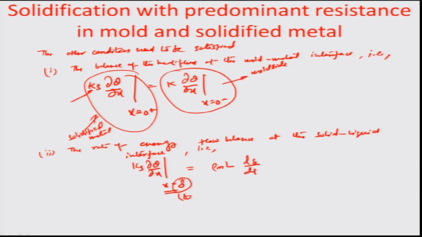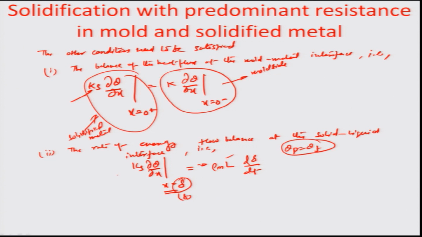the solidification process, and I do not need to illustrate how we obtained this earlier, because many times earlier in other cases we have done it in a similar manner. So, it is rho m times L, assuming again the pouring and freezing temperatures to be same as each other. So, it is only the L factor times d delta by dt. Okay. So, having said that, now this is the second condition that has to be satisfied, that the amount of heat that is liberated from the solid is the amount of heat that flows out into the solid liquid metal interface.